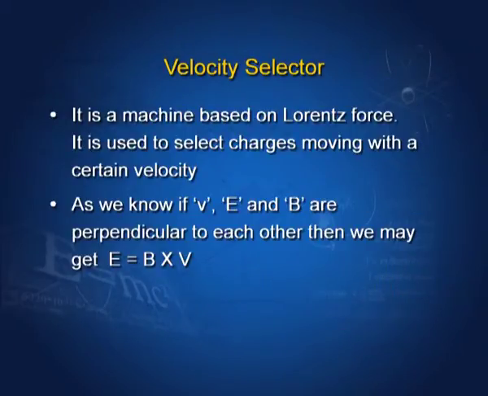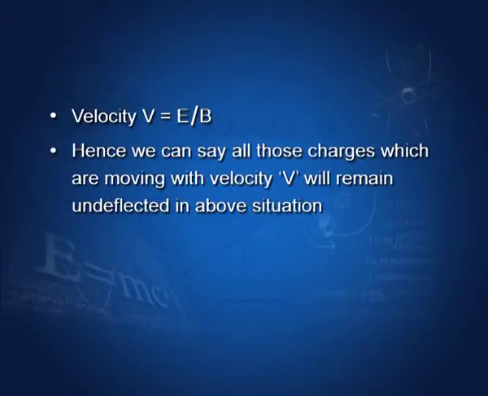As we know, if electric field, magnetic field and the velocity are all perpendicular to each other, then we get electric field E equal to B cross V. So, velocity v is equal to E divided by B. Hence, all those charged particles which are moving with velocity V equal to E divided by B will remain undeflected while passing through a region where the electric field and the magnetic field are perpendicular to each other.